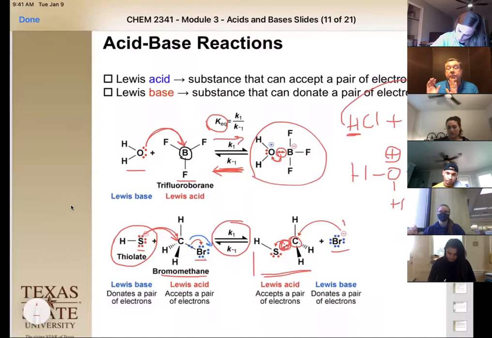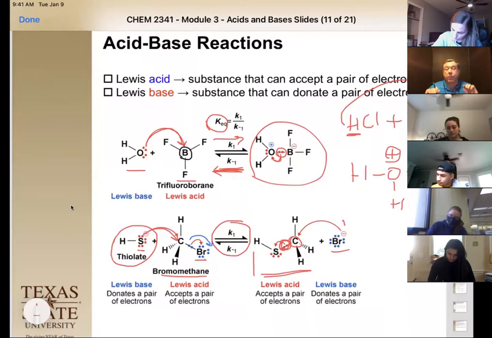So do you see how that traditional definition of an acid in water is exactly the same as Lewis acid and Lewis base? In this case, the water is acting as a Lewis base because of the lone pairs. Water can also act as a Lewis acid if something else wants the proton more than it does.